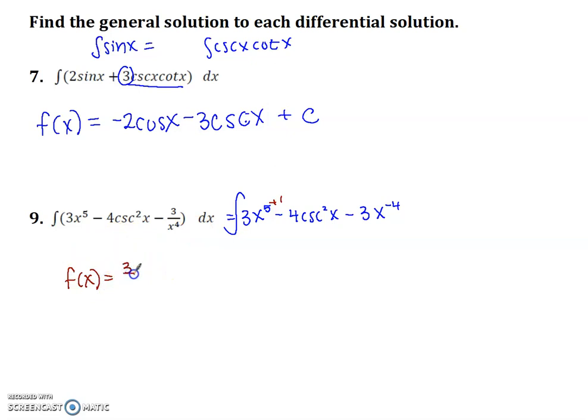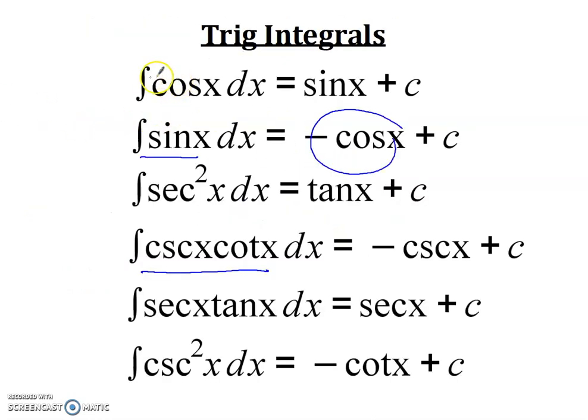So this will be 3 over 6 x to the 6. Remember, whatever the new exponent is, that's always what you're dividing by. For the trig ones, you're looking for the antiderivative, that's what the integral means, of cosecant squared. Here's where I've got the antiderivative of cosecant squared. That's going to turn into negative cotangent, so that just means we're switching the sign.